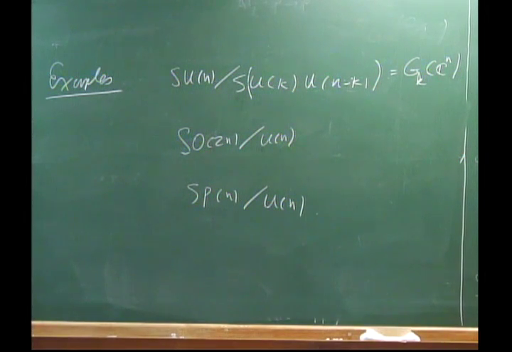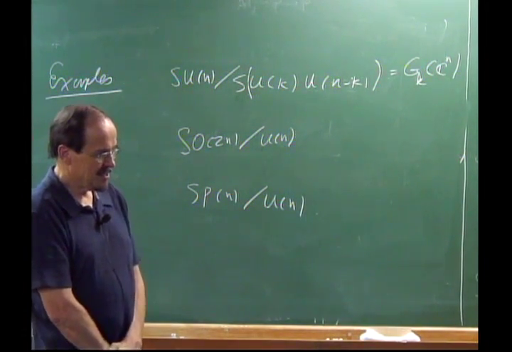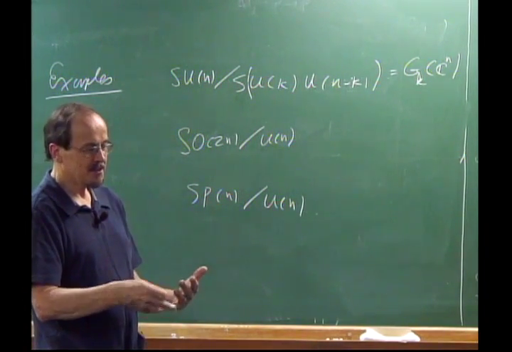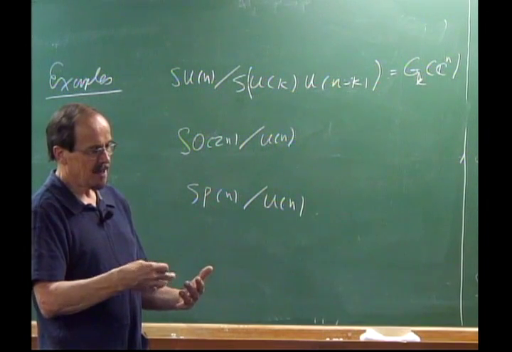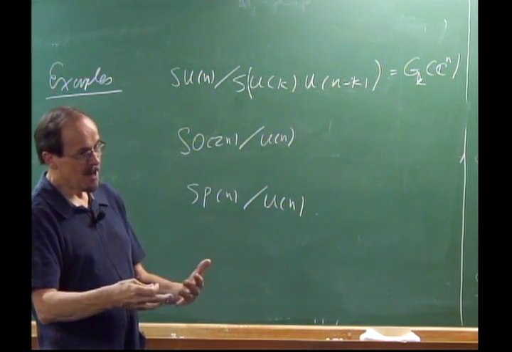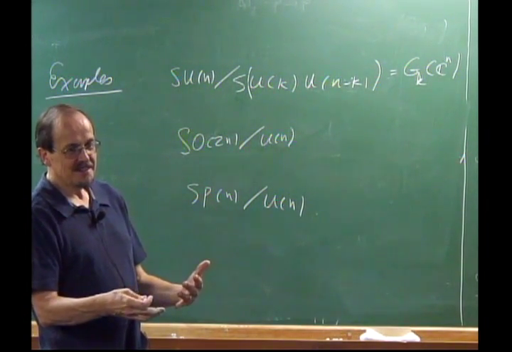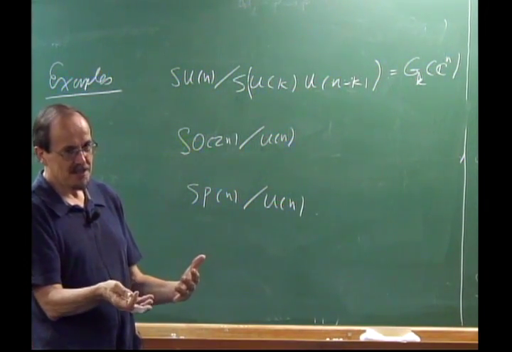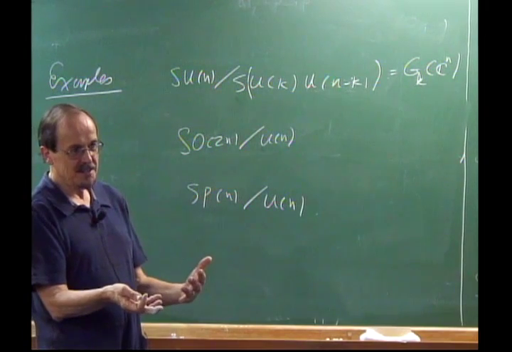It's a structure on Cn, like multiplication by J, right? So it's a complex antilinear map with square minus identity.